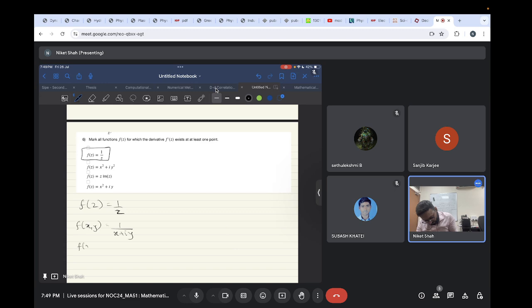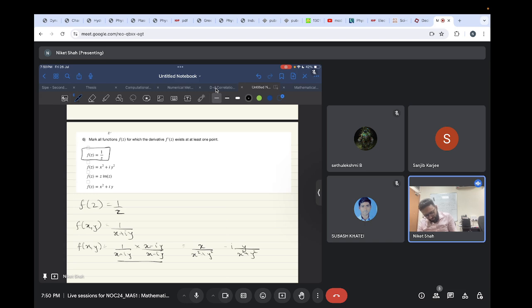So therefore f of x comma y simply gives me 1 upon x plus iy. I'll multiply and divide by x minus iy just to normalize this. This gives me x divided by x square plus y square, which is the denominator, minus i into y upon x square plus y square.